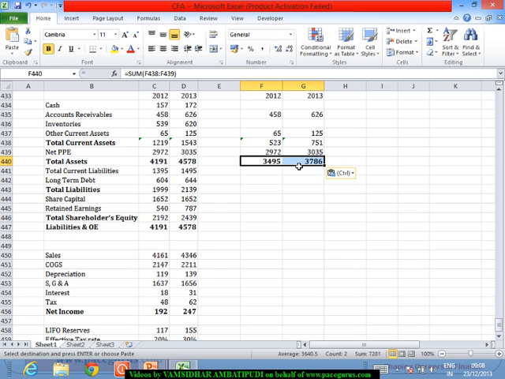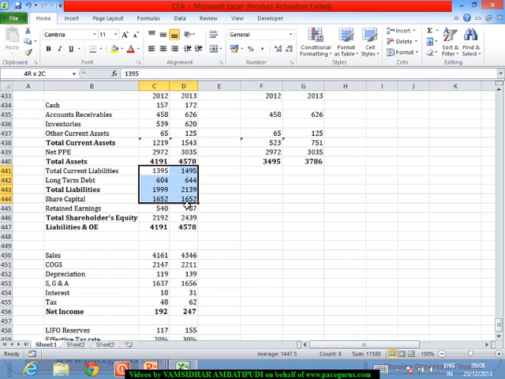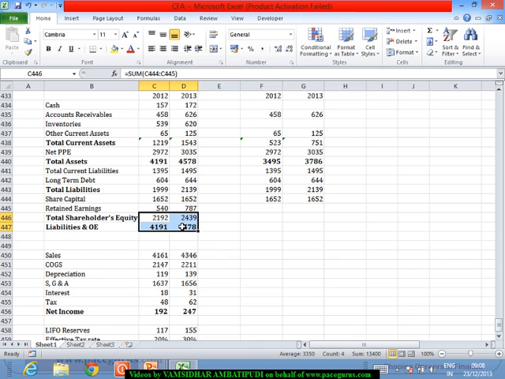So as far as the balance sheet is concerned, none of these items will get affected. Probably current liabilities, no, they will not get affected. Long term debt, liabilities, share capital, up to here nothing will get affected, but it's the retained earnings that may get affected. So we'll keep on to the retained earnings. Which means there will be an impact on shareholders' equity as well as the total liabilities and owner's equity part.